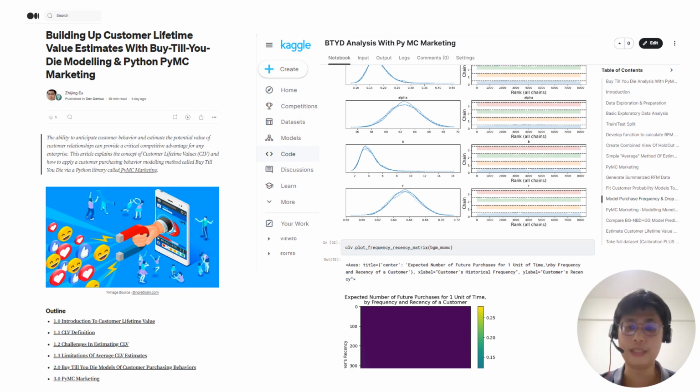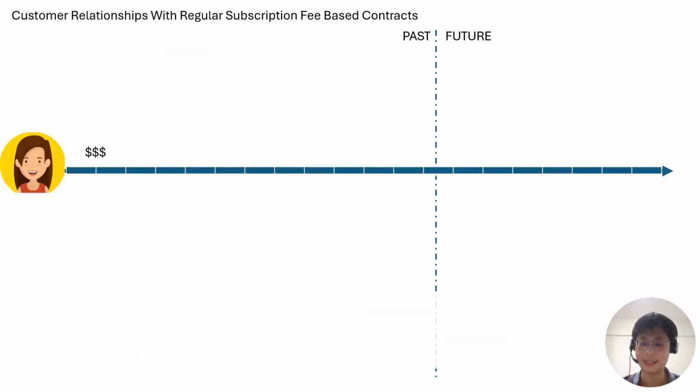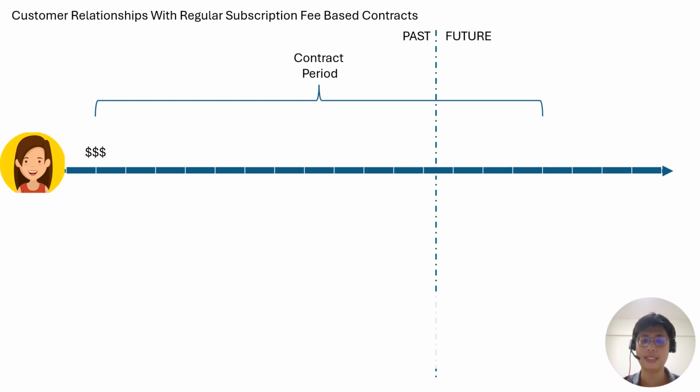But for today's video, we're going to be talking about the topic of Buy Till You Die modeling. And to get there, I need to start first with a very simple scenario. Imagine you have a single customer, and a single customer has a nice and tidy contractual relationship where every couple of time periods, could be months or weeks, there's some sort of subscription fee and it is very regular.